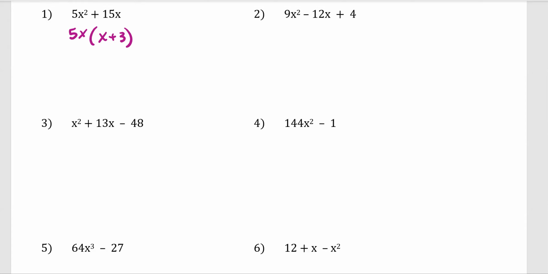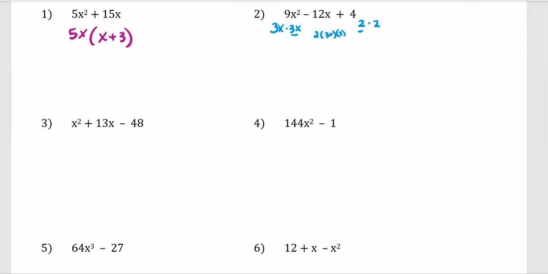Number 2, notice that the first term is a perfect square, 3x times 3x. The last term is a perfect square, 2 times 2. The question is, is the middle term double, or 2 times, the first term and the last term?